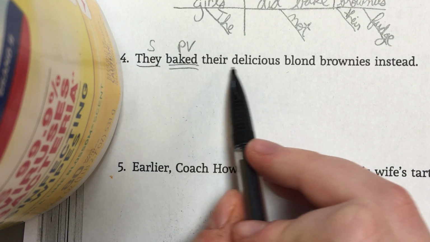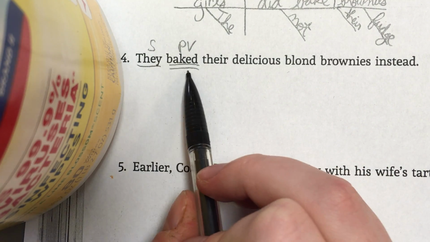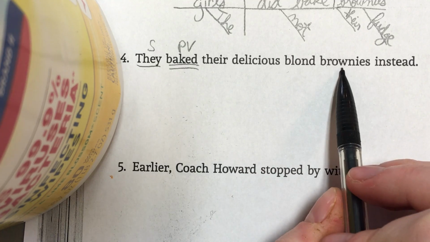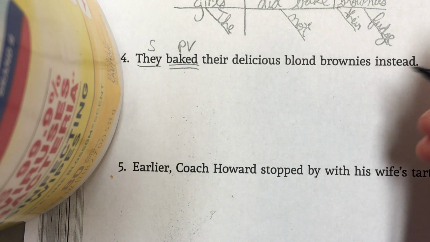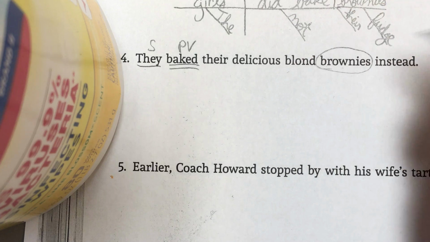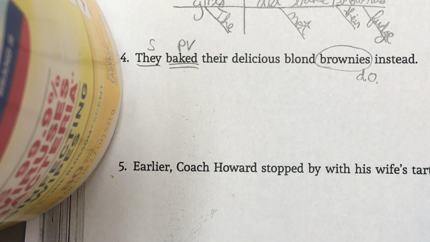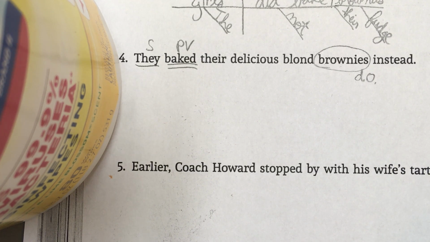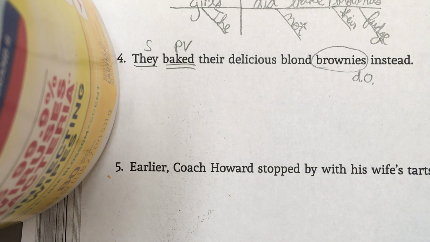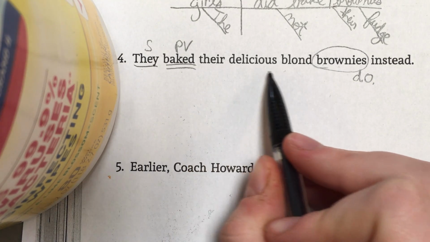Does this predicate verb have a direct object? What are they baking? They're baking blonde brownies instead. So we know blonde brownies, specifically brownies, is going to be our direct object. And does this direct object have any modifiers? It has quite a few.